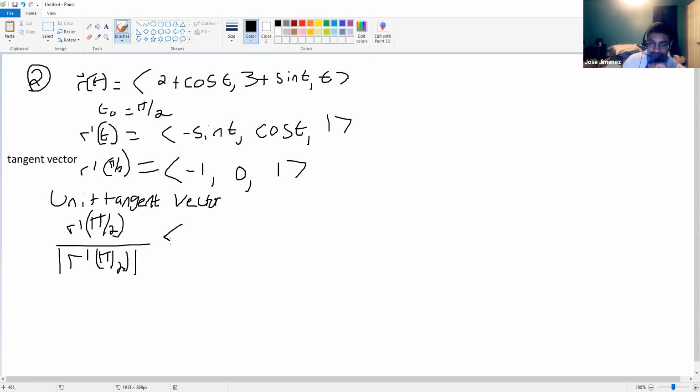So we're going to have the vector of -1, 0, 1 all over, well, this cool thing is we know it's going to be -1 squared, 0 squared, and 1 squared. 1 squared is just 1. 1 plus 1 is 2. Plus 0 is 2. Square root of 2.